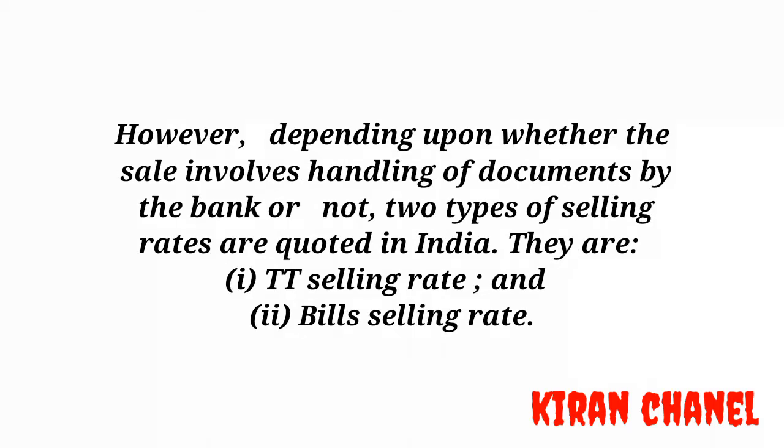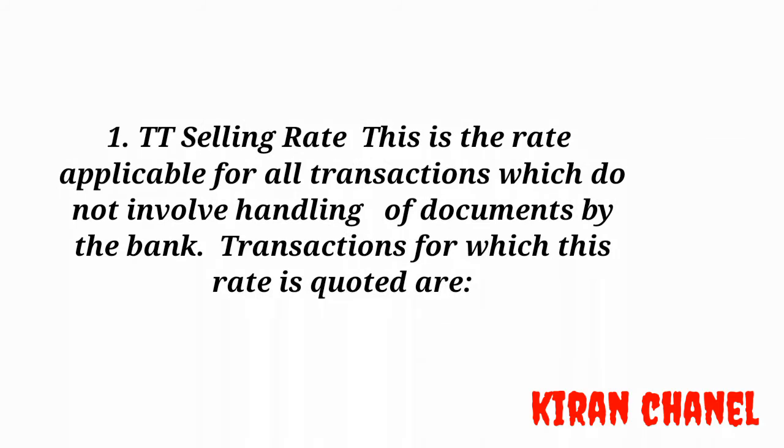However, depending upon whether the sale involves handling of documents by the bank or not, two types of selling rates are quoted. In India, there are the TT selling rate and the bill selling rate. Number 1, TT selling rate. This is the rate applicable for all transactions which do not involve handling of documents by the bank.